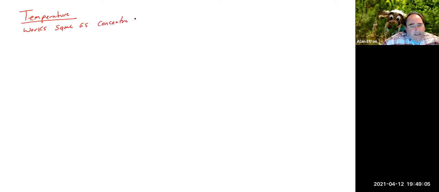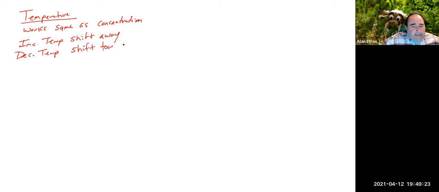What that means is if you increase the temperature, it will shift away. And if you decrease the temperature, basically throw it on ice, it will shift towards.